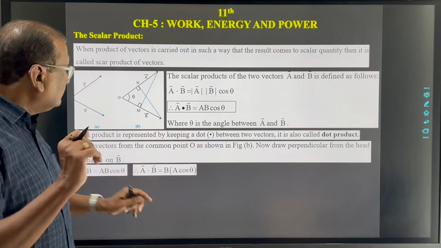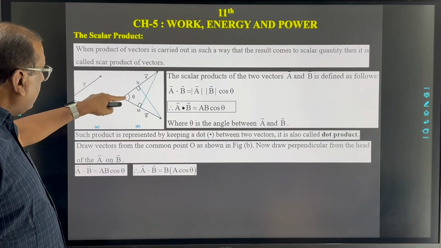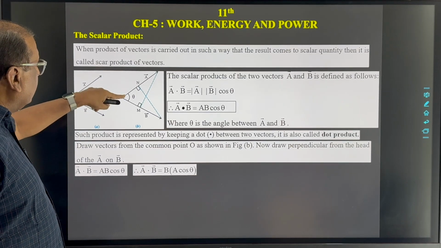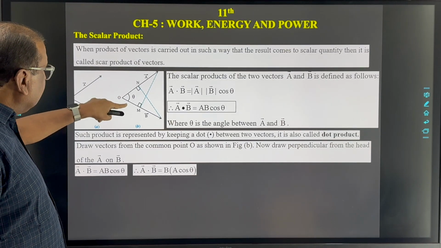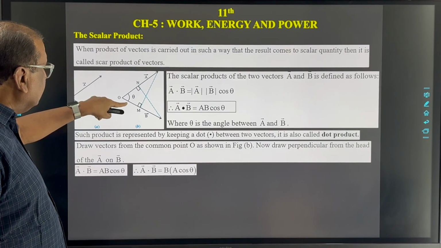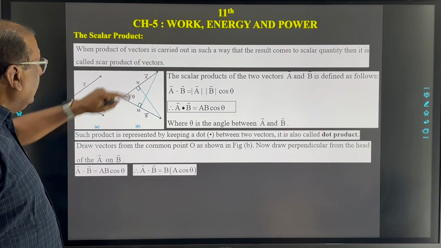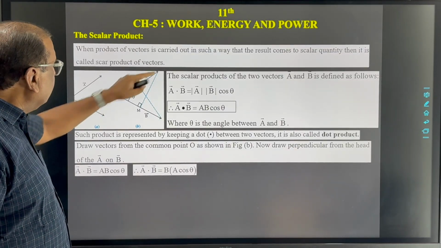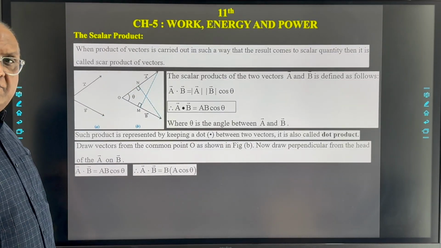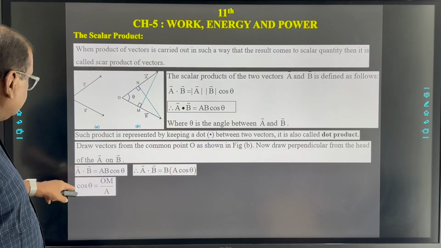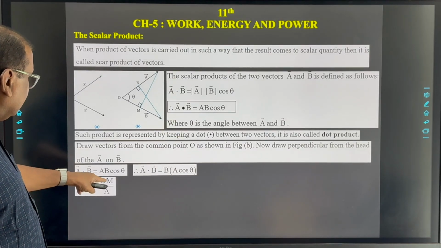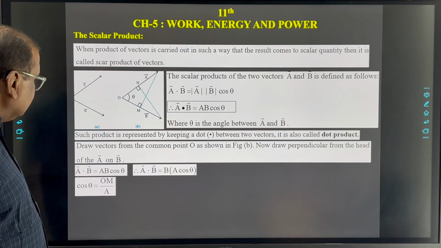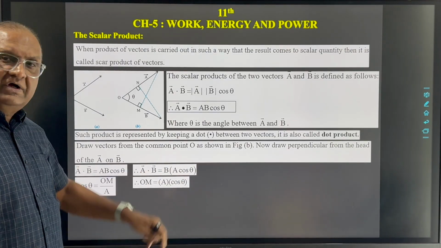Clear? Now suppose we take cos theta, right? Cos theta is adjacent upon hypotenuse. Adjacent is OM and hypotenuse is the magnitude of vector A. So cos theta is OM upon A. So OM is equal to A cos theta.